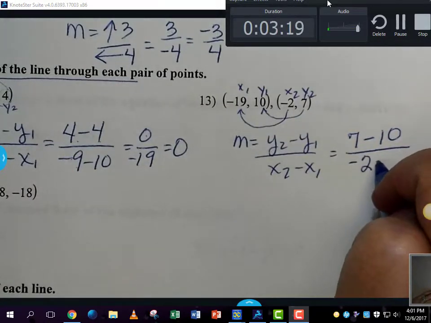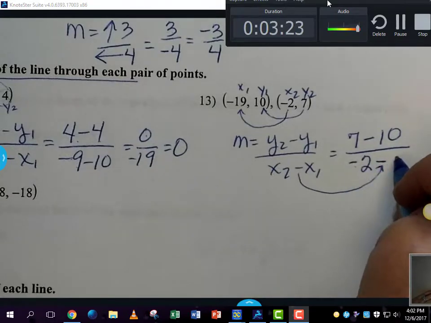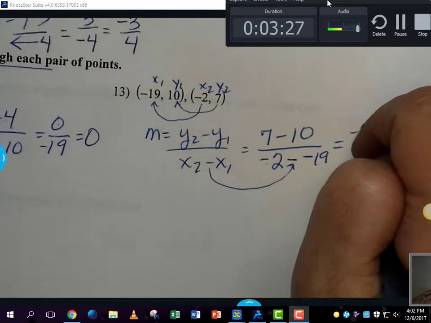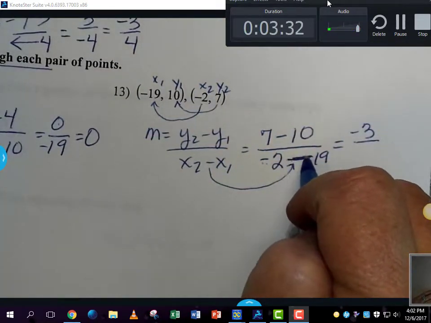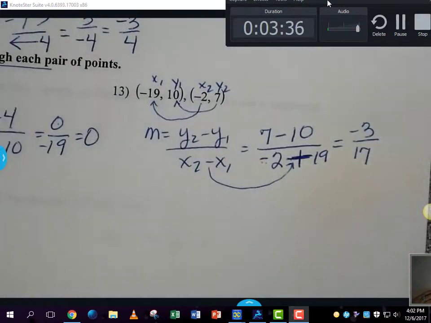Negative 2 minus, right, because that's coming over from the formula, negative 2 minus negative 19. 7 minus 10 is negative 3. Negative 2 minus negative 19, I really add those numbers, so it's going to be 17.